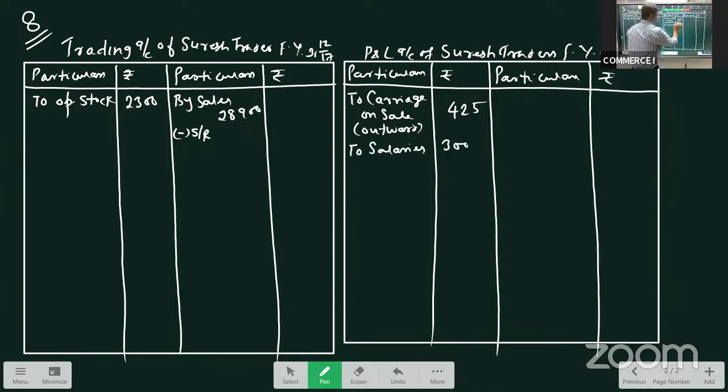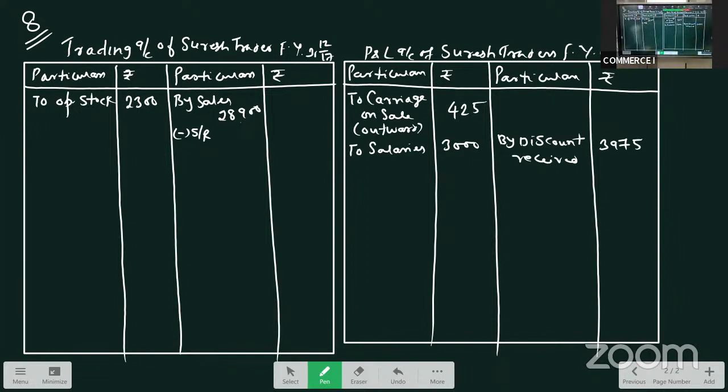Next is salaries. Salary is also an indirect expense shown in P&L account. Salaries are given as 3,000. Discount received. It's an income. Let us say by discount received, non-cash, 3,975.